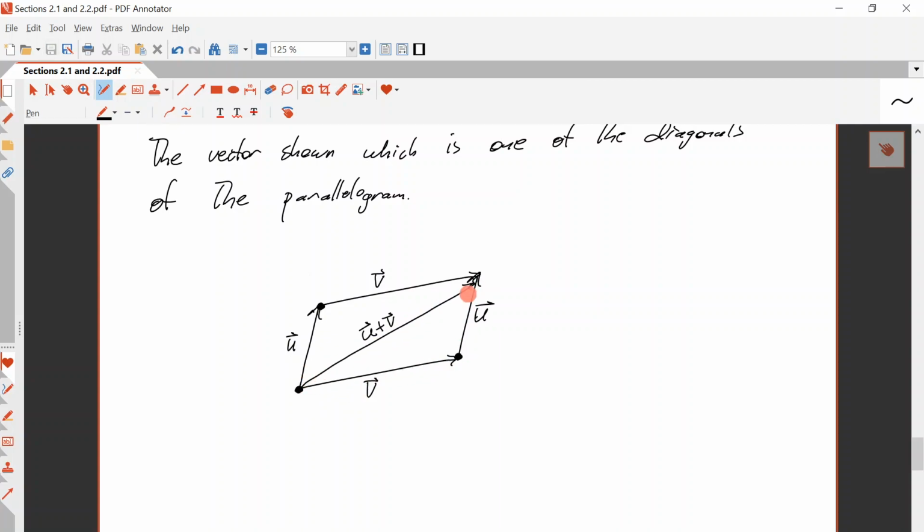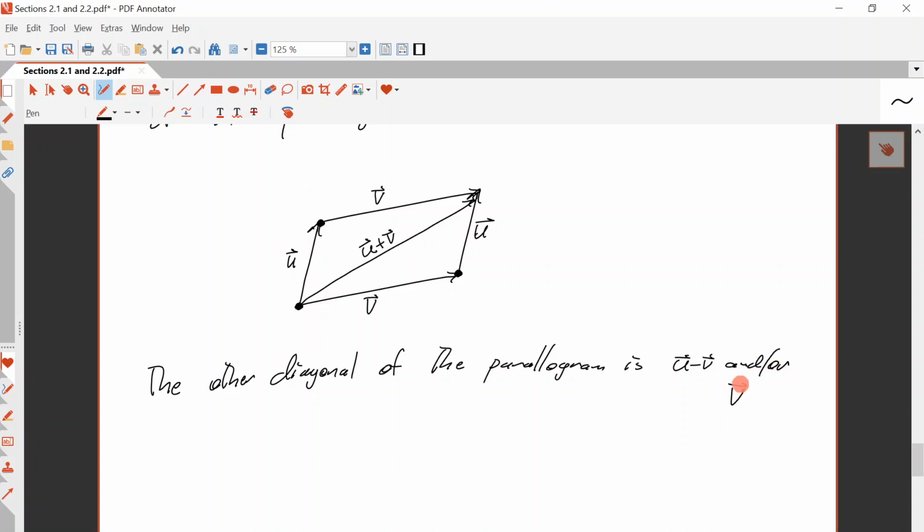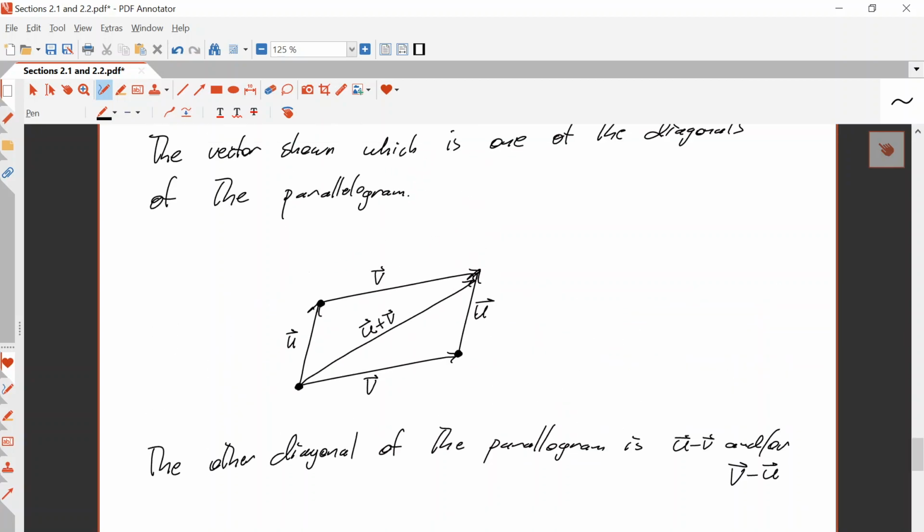Now, what is the other diagonal? It is u minus v or v minus u, depending on which direction you take.